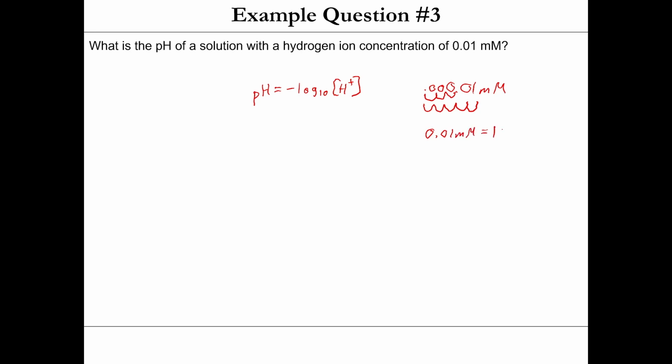So now we can plug that into our equation. pH equals the negative log base 10 of 10 to the negative 5 molar. And then you can just plug that into your calculator. And you know that the pH of this solution with the proton concentration of 0.01 millimolar is at a pH of 5. So bear with me. These may seem pretty easy for you, but if you can master these, you're going to do really well on the exam.